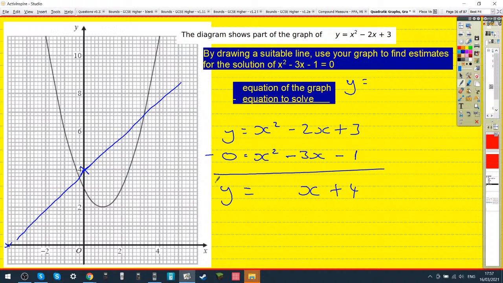So one of them is minus 0.1. X equals minus 0. I think it's minus 0.2. I think they're going up in 2s.